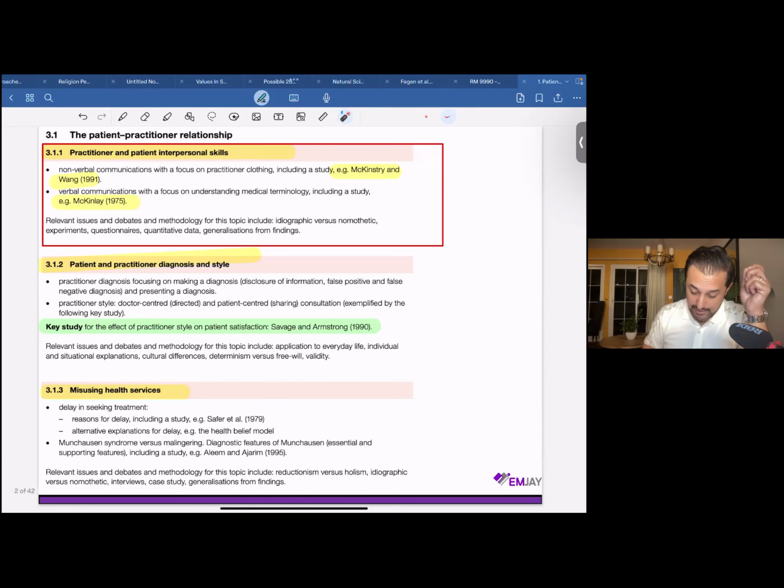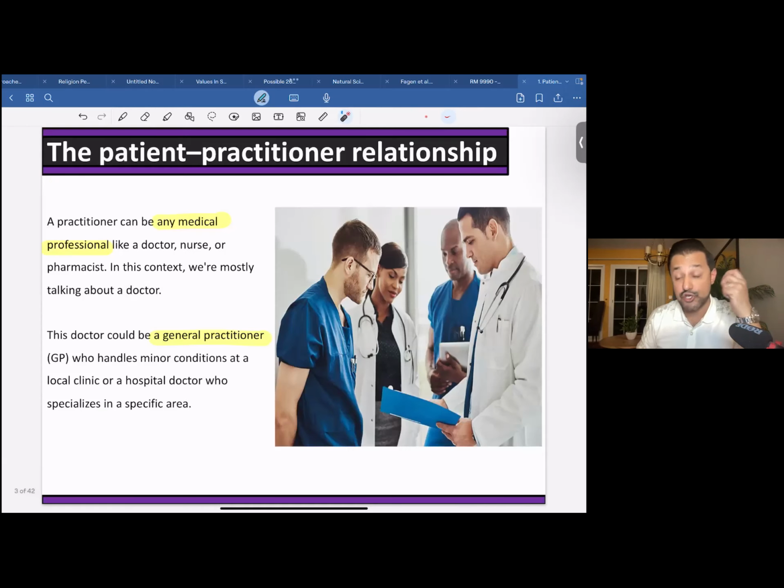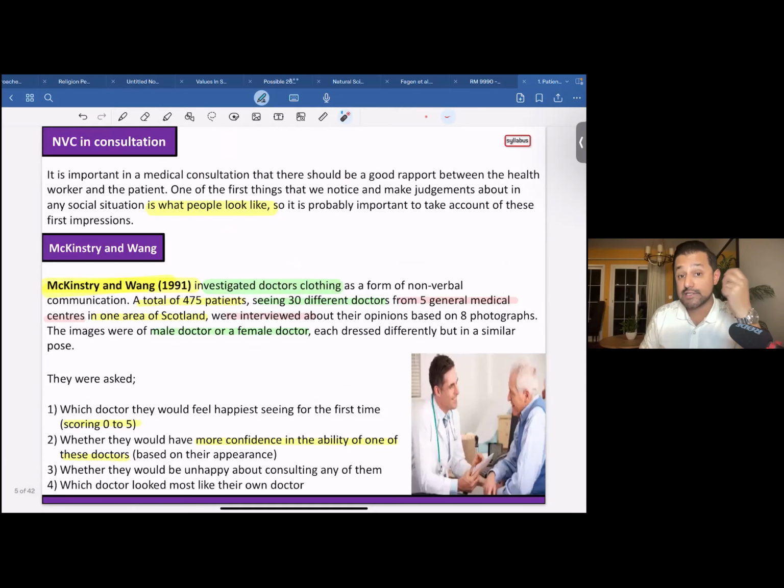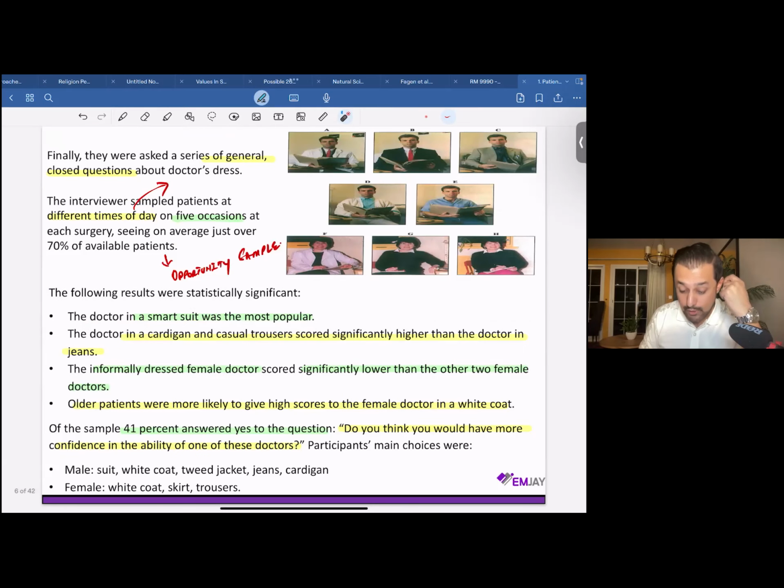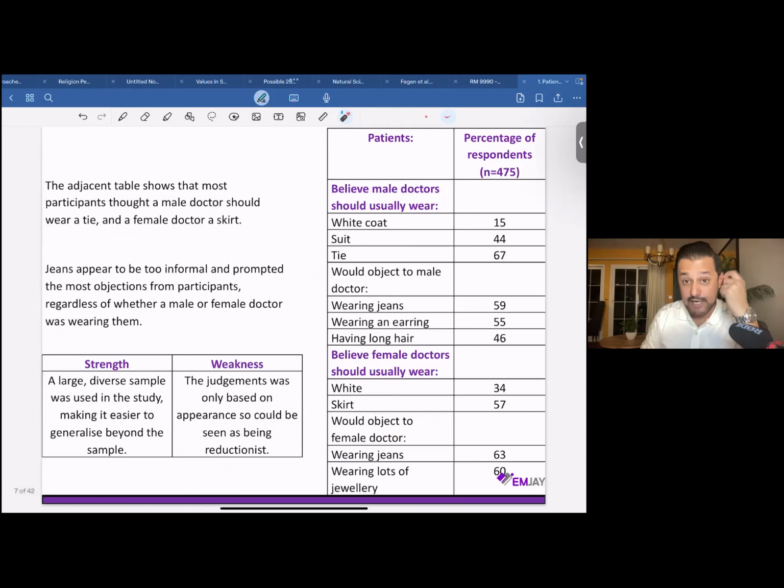Taking this a step ahead, we just spoke about the study that was conducted by McKinlay and Wang. This comes under the heading of nonverbal communication. Over here, we spoke about the extent to which what doctors wear affects the opinion that the patients hold about them, the amount of confidence they have in them, their likability, and the extent to which the patients believe that a doctor's ability has a lot to do with how he or she dresses up.